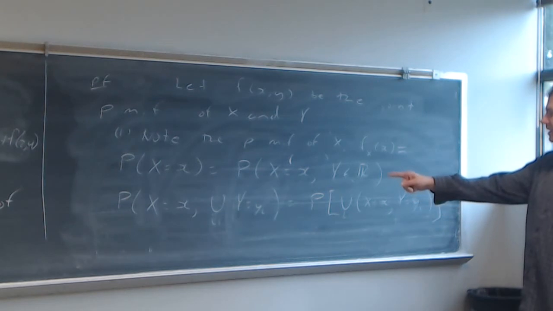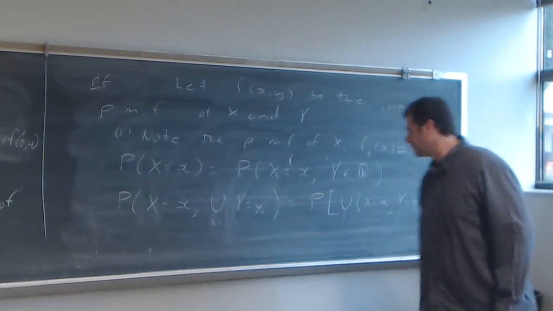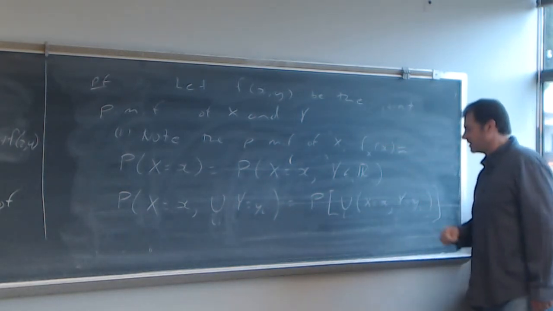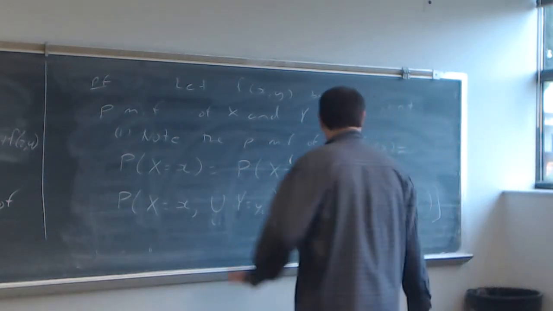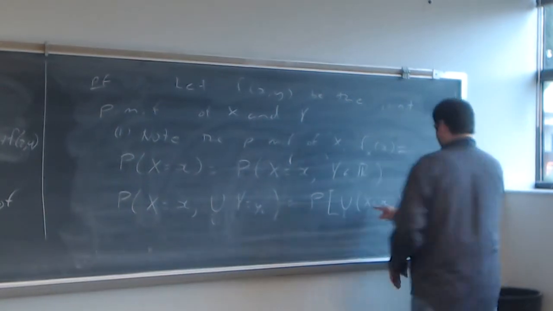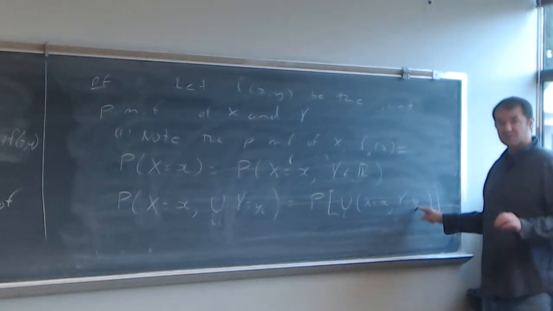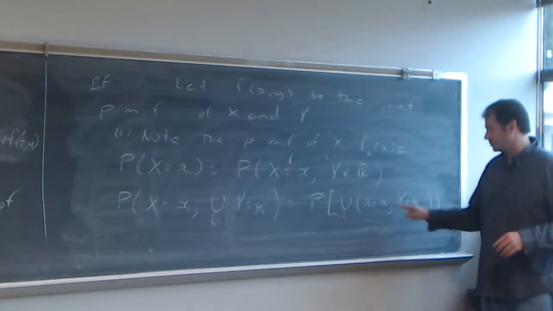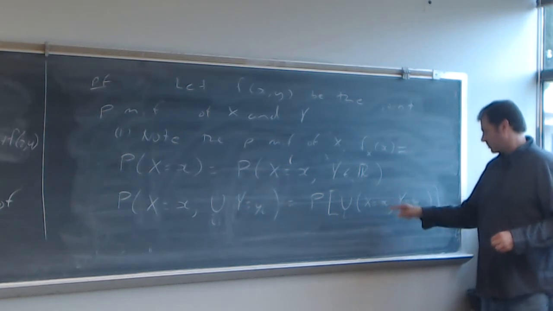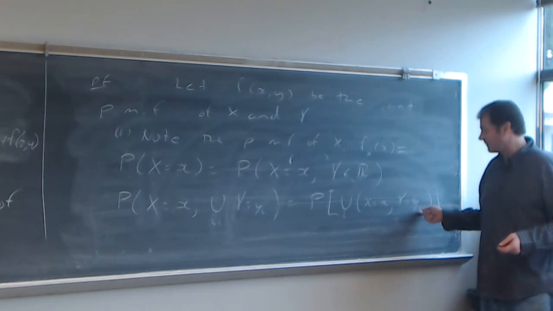So what we're saying here is that the intersection between this event and this union is the same thing as the union of each individual event. We'll take the probability back. Now look, the y sub i's are different from each other. So say x is equal to little x, like 1, and y is equal to y sub i, maybe 2, and x is equal to 1 and y is equal to some different y sub i, let's say 5.